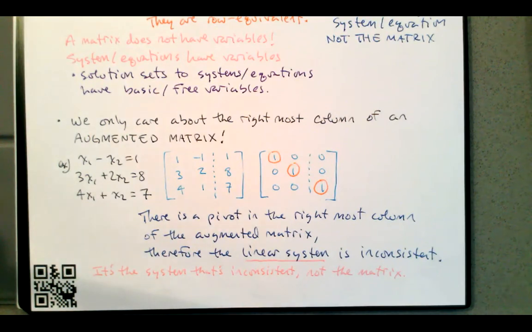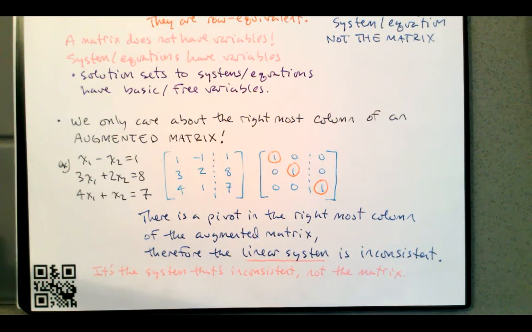We could think of the augmented matrix as the tool that we're going to use to draw conclusions about either a linear system or an equation, or we'll use it to determine dependence or independence of a set of vectors. So it's just a tool that we're using. We're not making conclusions about the matrix.